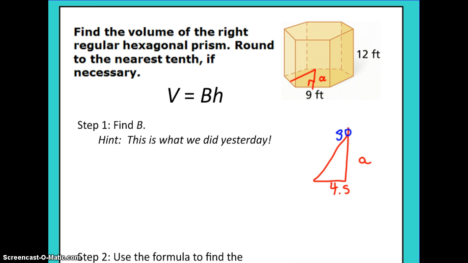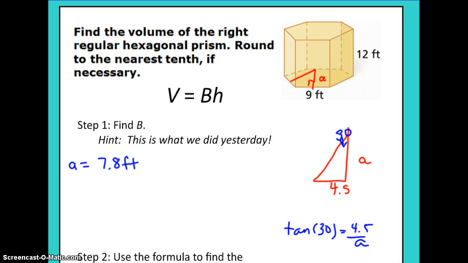So this will give me a 30-degree angle right here. Alright, so using tangent, we can say that the tangent of 30 equals 4.5 over A. 4.5 over tangent of 30 gives me the apothem, which is 7.8 feet.